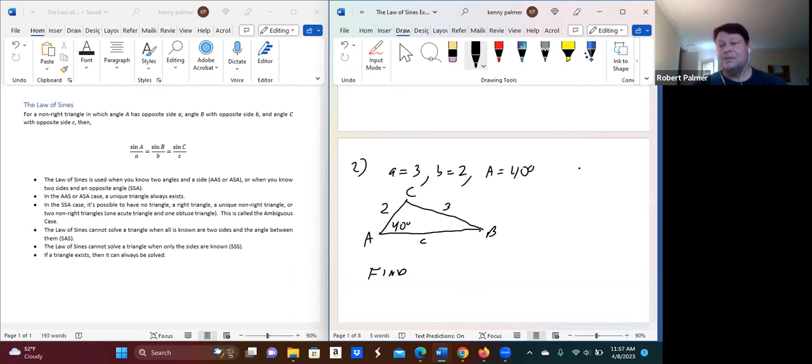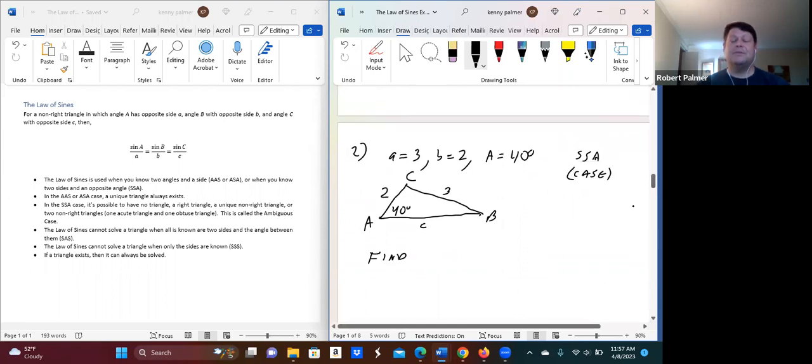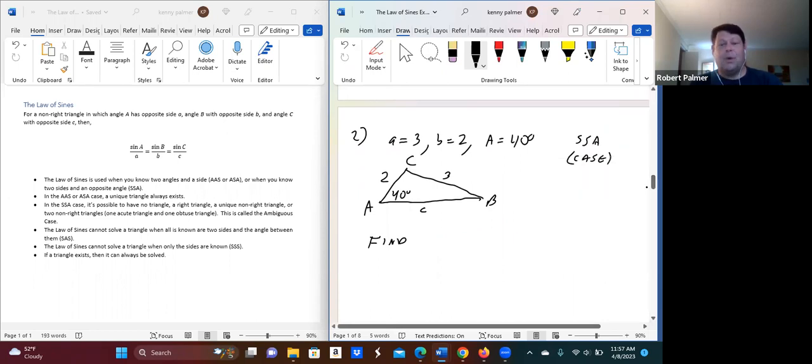If you notice, this is the side-side-angle case, because we're given two sides and one of the opposite angles. This is the one called the ambiguous case, because you can have one solution, two solutions, or no solution. Let's take a look at this one though. This should actually give us only one solution, and we'll see why.